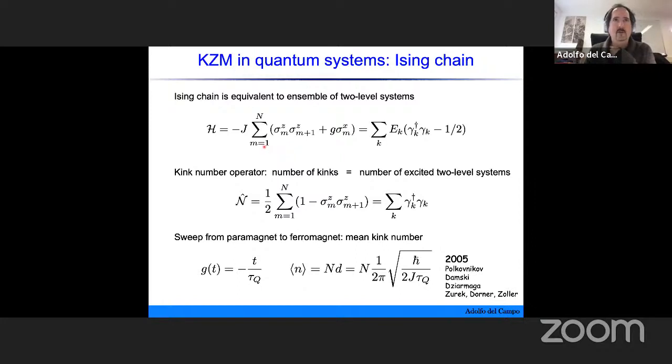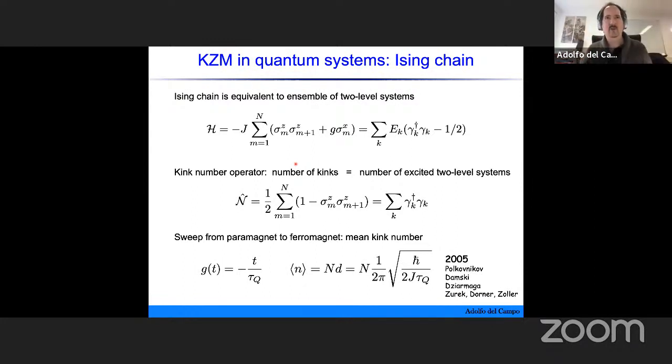Well, essentially, there are well-known techniques to map these spin systems into quasi-free fermions. And if you look at an observable which counts the number of kinks, of course the Ising model has a ferromagnetic phase with two ground states, doubly degenerate, either all spins up or all spins down.